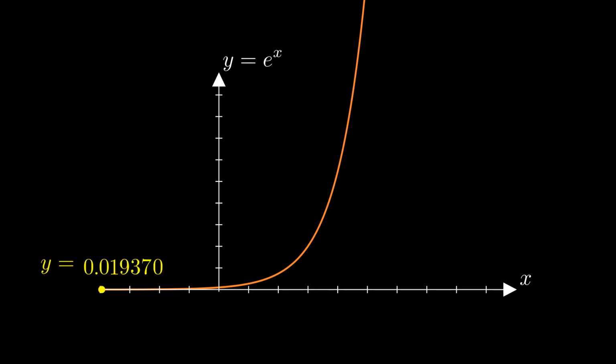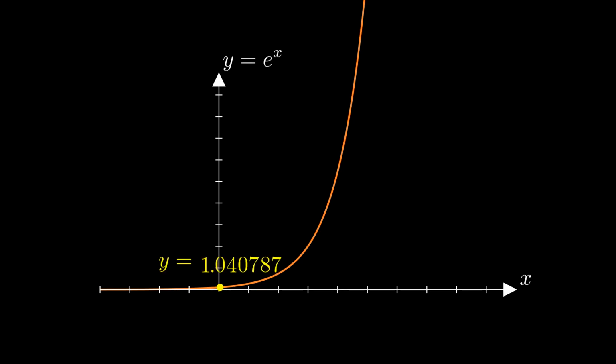When x is negative, e to the x is almost 0. It starts to approach 1 as you move right. When x gets to 0, you can see that y is 1, meaning e to the 0 is 1. Now we are going to start moving to the right, so x is now positive. So we are inputting positive numbers into e to the x. E to the 1, e to the 2, and so on.